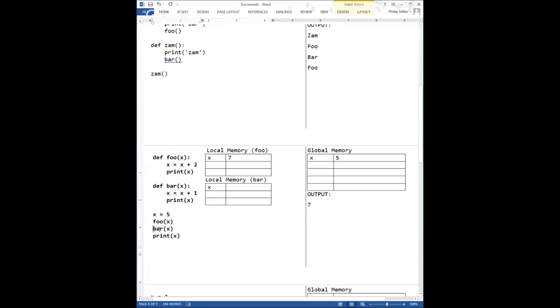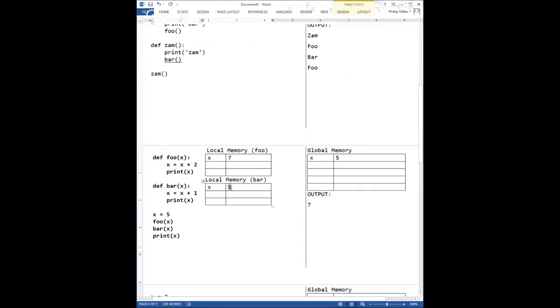And we pick up where we left off, and we're going to call the bar function, and we're passing x again. So remember, here we're in the global scope, so we would be using 5 again. Again, we're passing 5, in this case to bar, initializing its parameter to 5. And then the body of this function can execute. It evaluates x plus 1. Always look local first. We find a local variable called x, whose value is 5, plus 1 is 6.